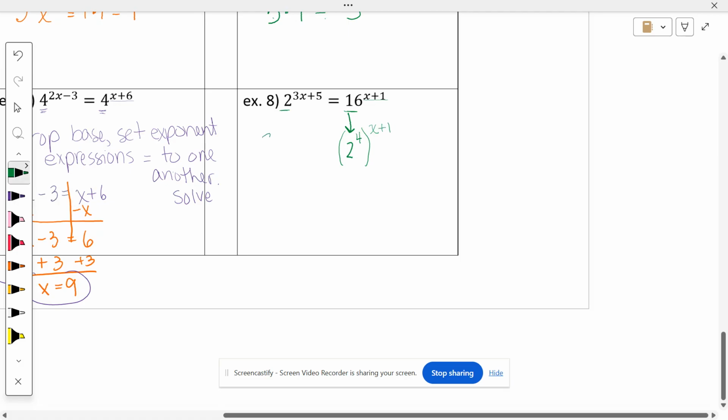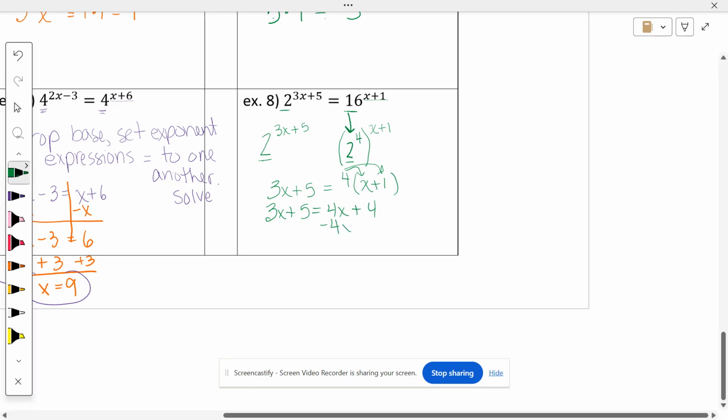That means that I have to distribute that power. So my bases are still the same. My exponents, 3x plus 5, equals 4 times x plus 1, the quantity. So I'm going to have to do some distributing here. 3x plus 5 equals 4x plus 4.